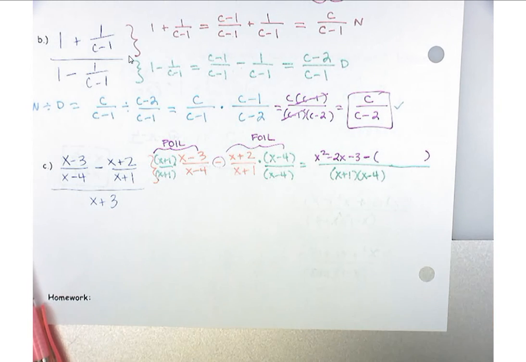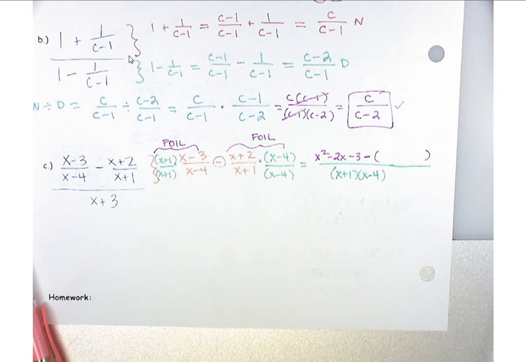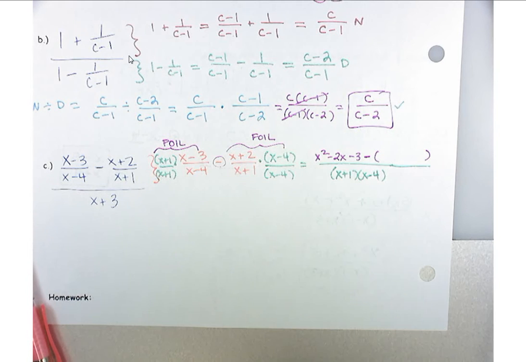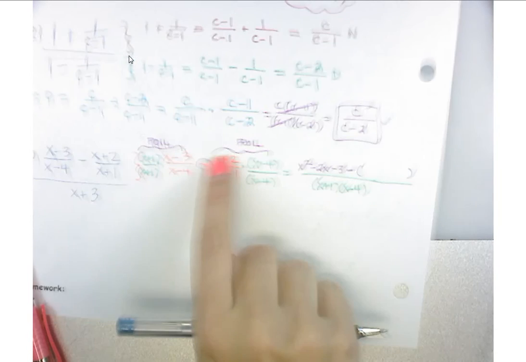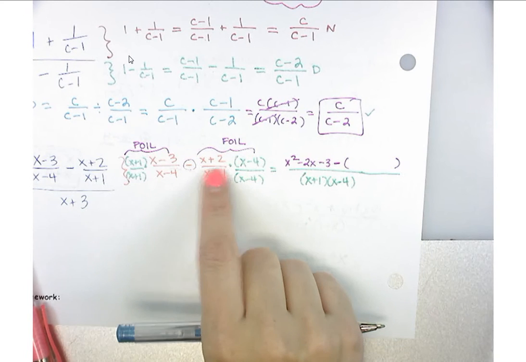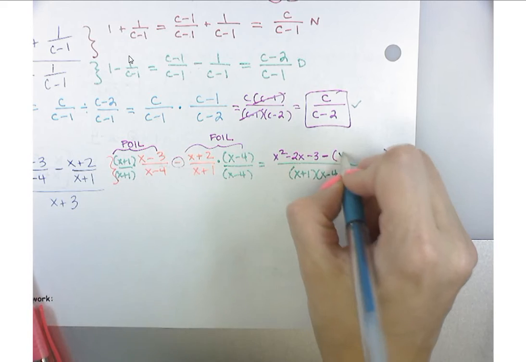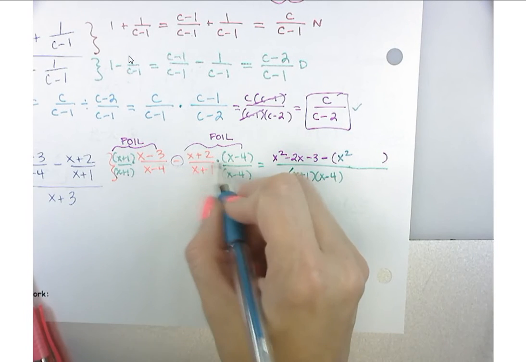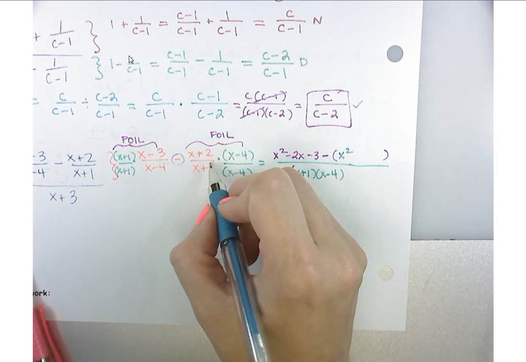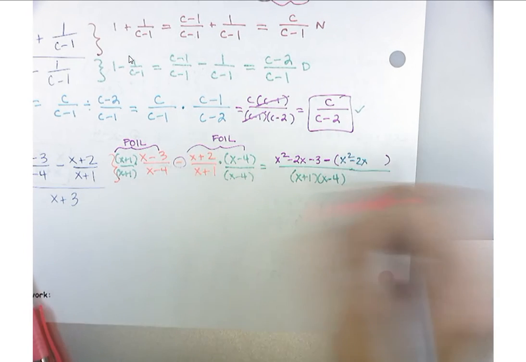Okay, so then I'm also going to FOIL x plus 2 times x minus 4. You could distribute the negative now if you wanted and FOIL negative x minus 2 times x minus 4. I actually like doing it second because I feel like it will be quicker without the negatives. So I have 2 minus 4, which is negative 2. 2 times negative 4, which is negative 8.